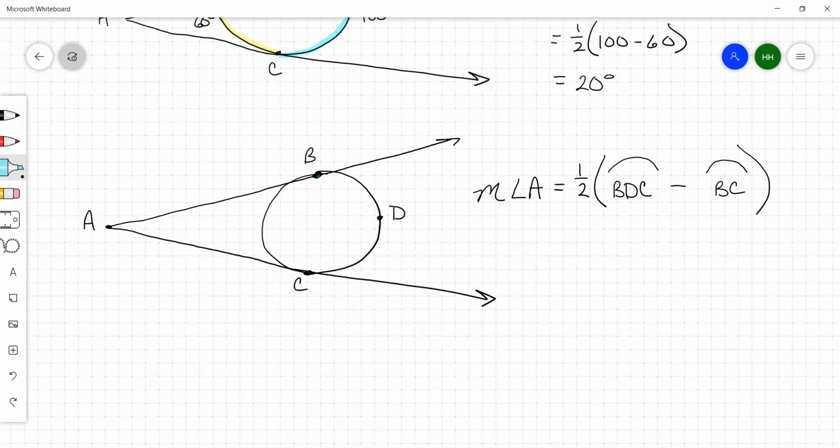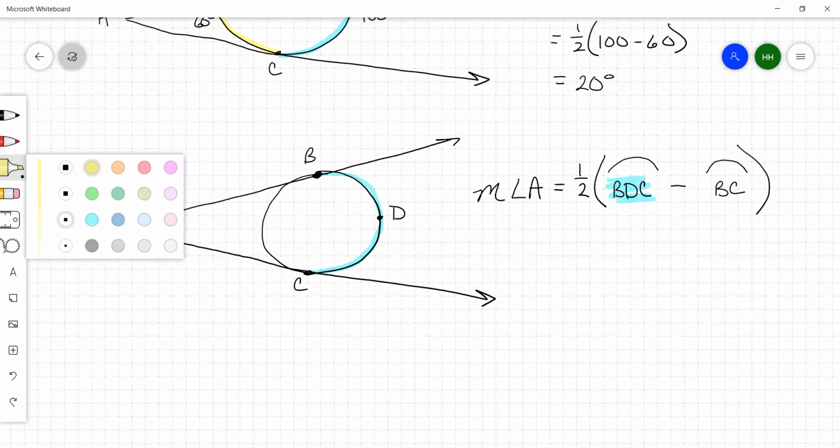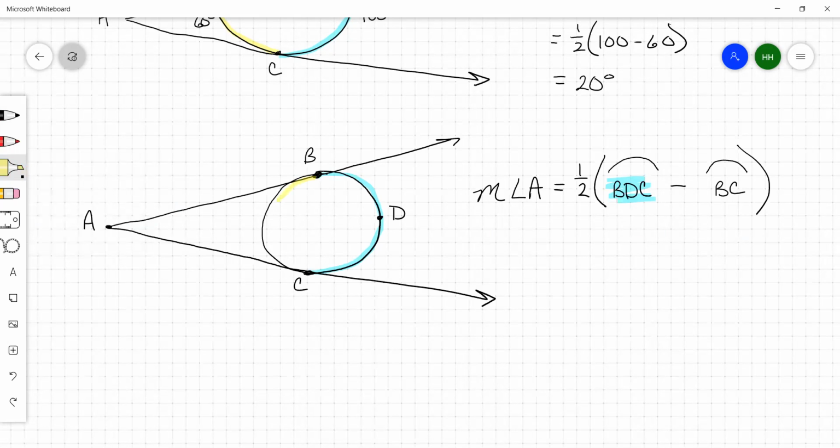Here's our blue. Here's our yellow. All right, so here's another way you could see this.